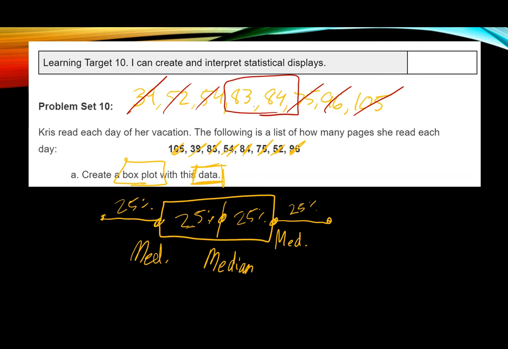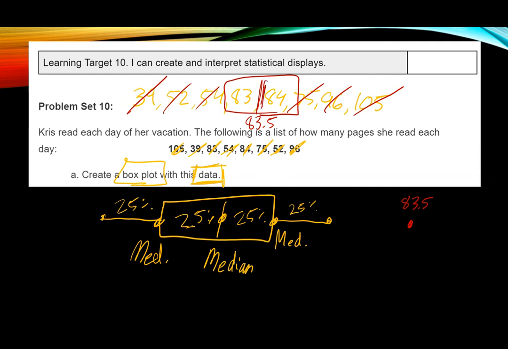The median between these two, what's in between them, will be 83.5. So when we draw our box plot, I know that the middle is going to be 83.5.